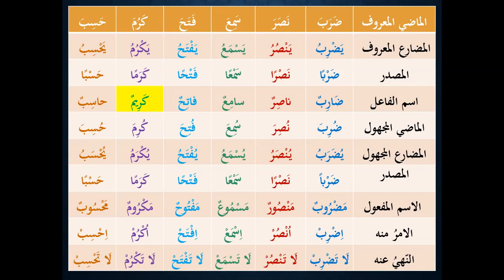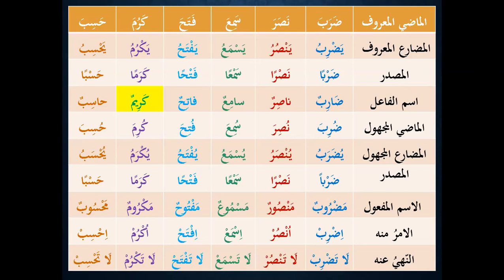So action does not need any external object to manifest itself. So lazim or intransitive is the term used for such verbs. And bab karuma is from that group out of the 6.